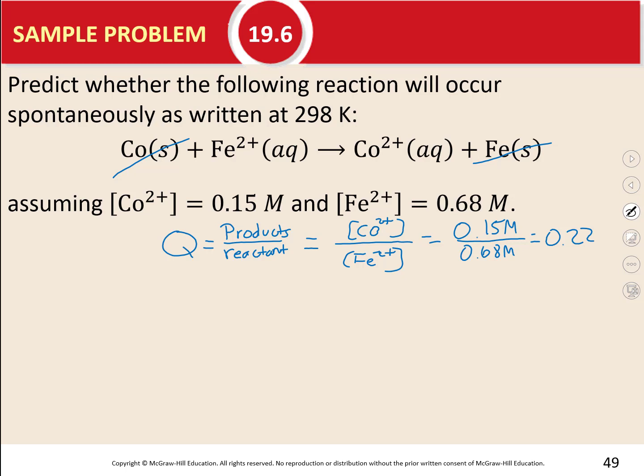E standard of the cell will be equal to E standard of the cathode, which in this case is the iron slash iron 2 plus, minus the anode, which in this case is cobalt, cobalt 2 plus. Looking up from that table, iron, iron 2 plus is negative 0.44 volts. And cobalt, cobalt 2 plus is negative 0.28.